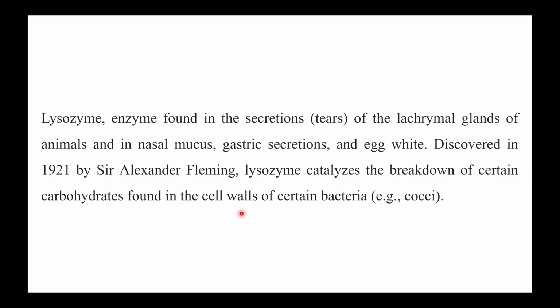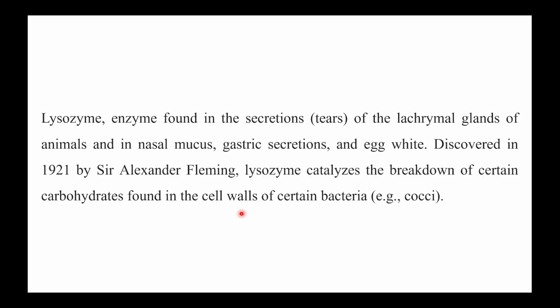So these enzymes are kind of defensive. They provide a defensive mechanism towards different bacteria. Since these enzymes can break down the cell wall of these bacteria, and once the cell wall is broken, the cell eventually dies off.